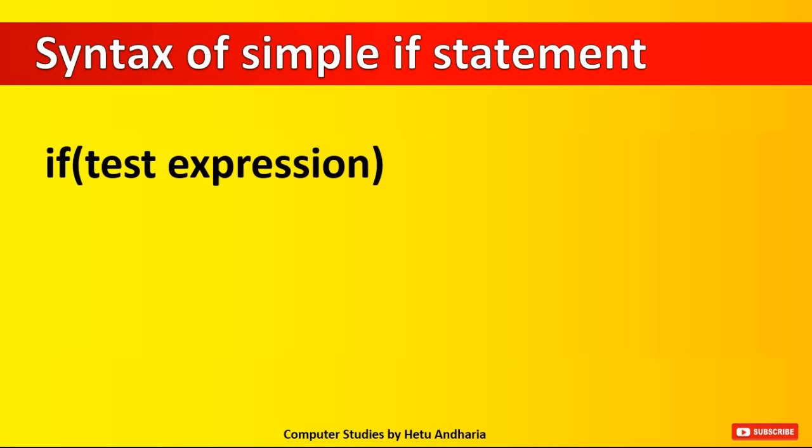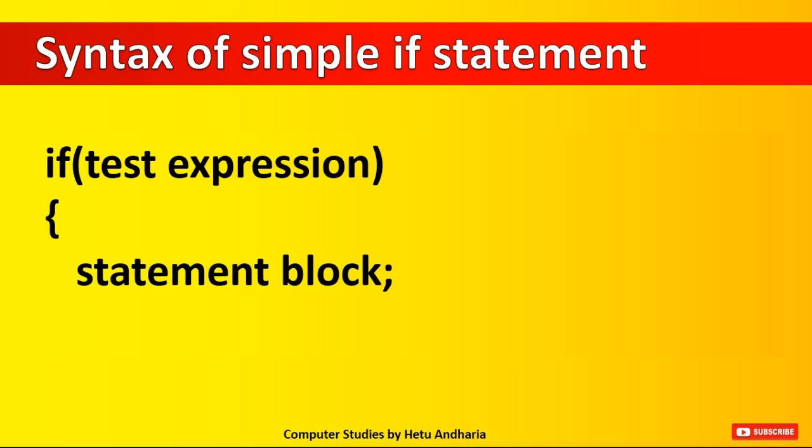Then the syntax is something like this way, which we already saw just now. If, in brackets test expression, then curly bracket, it is optional. Then statement block, for example just now we had given a statement block printf congratulations, and then curly bracket. Now if it's optional, then why it is given in the textbook, that I will tell you.